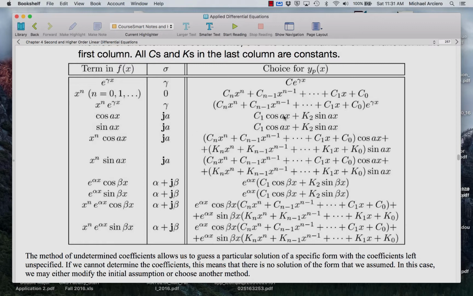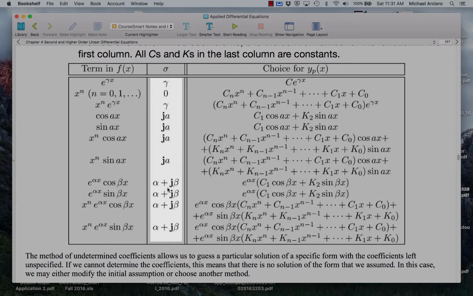In Dobryshkin, it's phrased in terms of these control numbers, which look like what we might get for roots of the characteristic equation. If your function is cosine of ax, the control number is ja, actually i times a, because electrical engineers use j instead of i for the imaginary square root of -1.